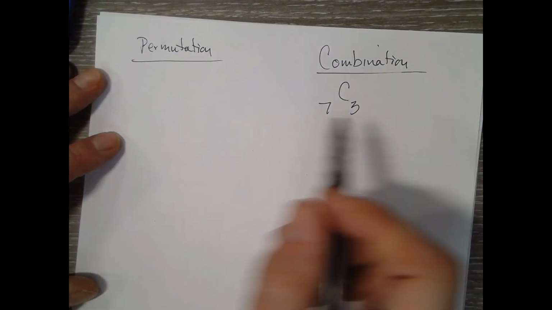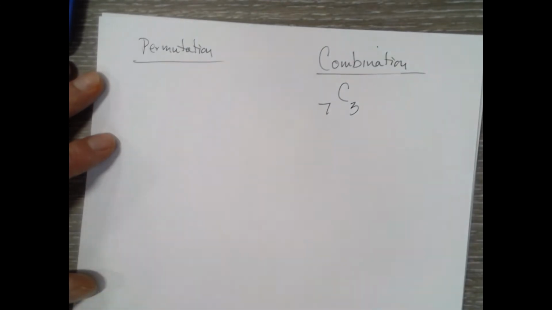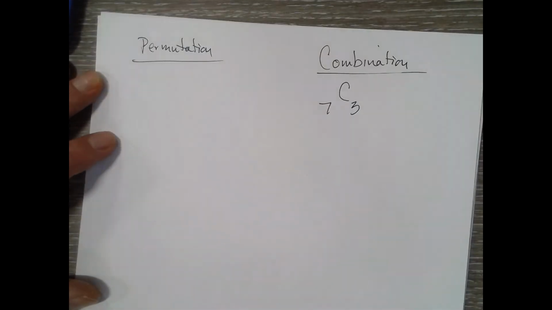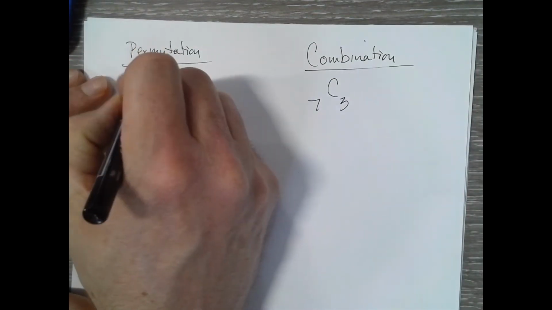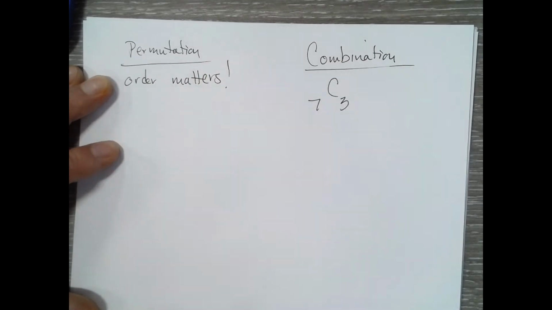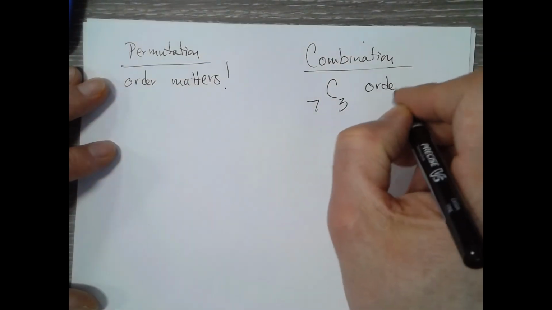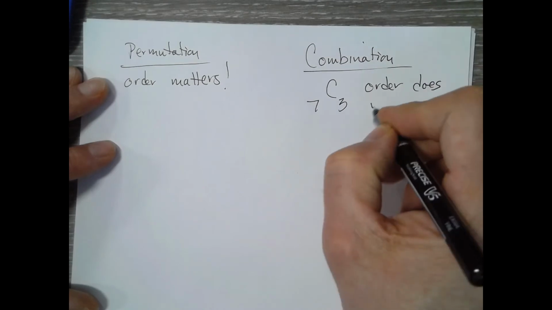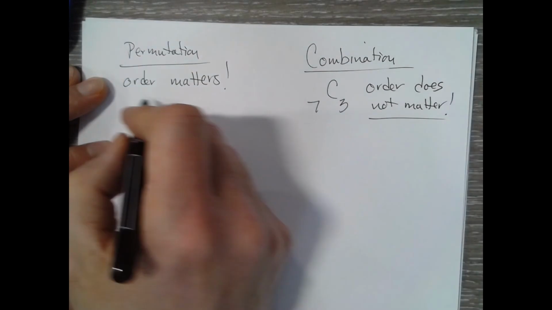That's on your calculator. Permutation is also on there, but I never use the permutation button. So for permutation, order matters, and that's very important. I'm going to put an exclamation point. In combination, order does not matter. Okay, so that's the difference.